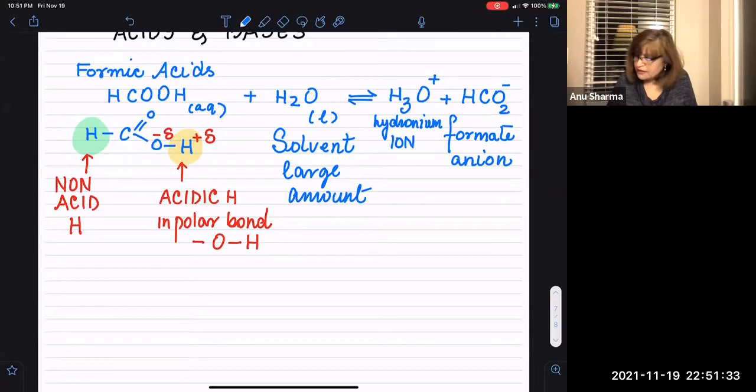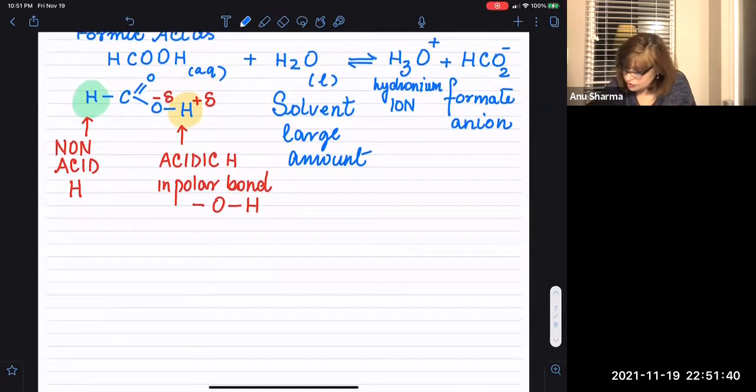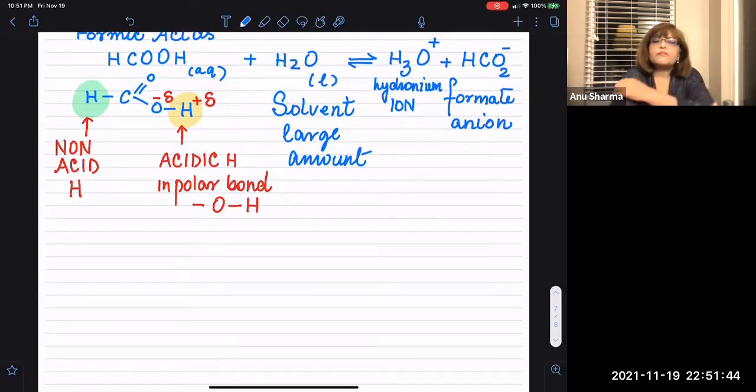But how do we write this? How do we know the strength of this acid mathematically? There is one branch of chemistry, analytical chemistry, and another branch, physical chemistry.